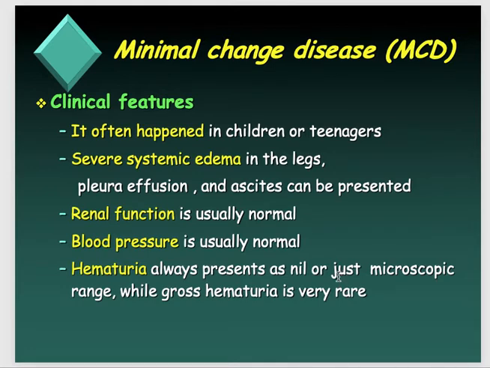If you remember that nephrotic concept which I showed you yesterday, because MCD comes completely towards the nephrotic side, hematuria is rare. It causes around 25% of adult nephrotic syndromes, and most of the time it is idiopathic.